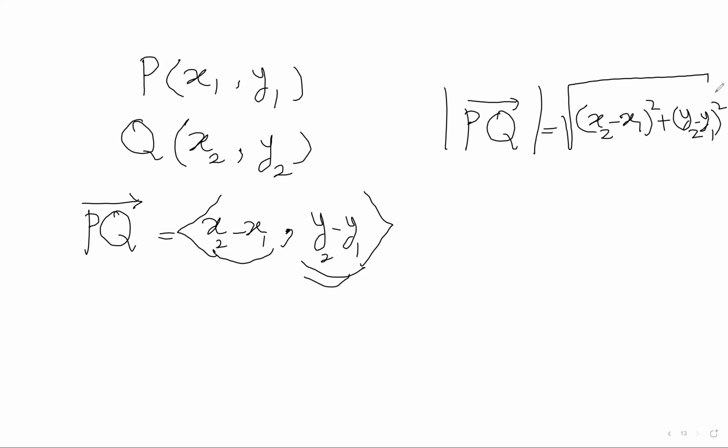So that's how we find the length of a vector if the initial point and the terminal point are given. It is very much like the distance formula. In fact, in the distance formula, we calculate the length of the hypotenuse of a right triangle.